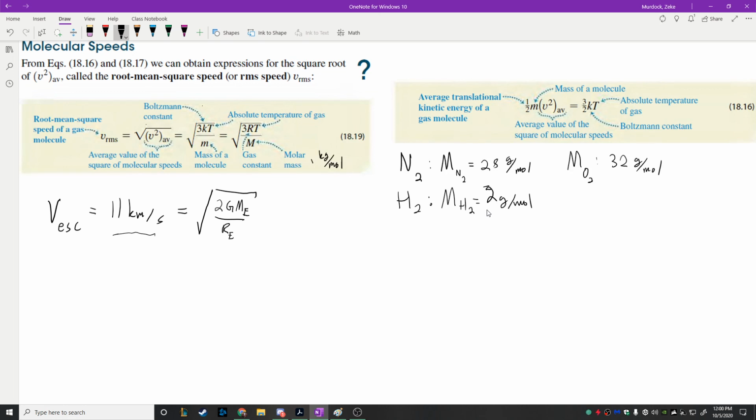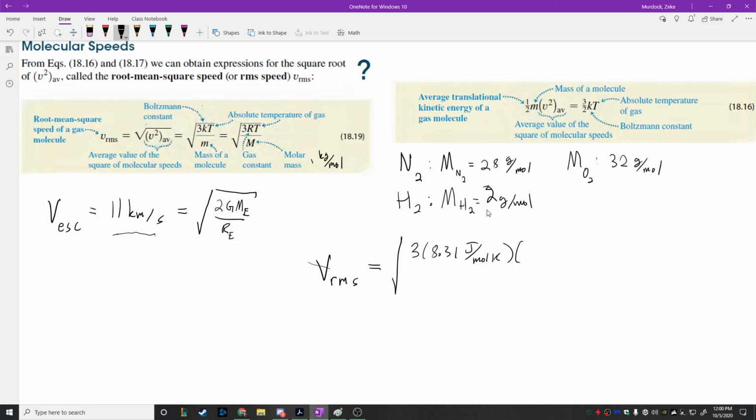If we chose to calculate what VRMS is, let's just do a quick calculation of what VRMS would be for a hydrogen molecule, okay? What's that going to be? So we would take 3, we're going to use this one, 3 times R, which is 8.31 joules per mole Kelvin, and we multiply by temperature. Now let's choose to use the temperature of our atmosphere.